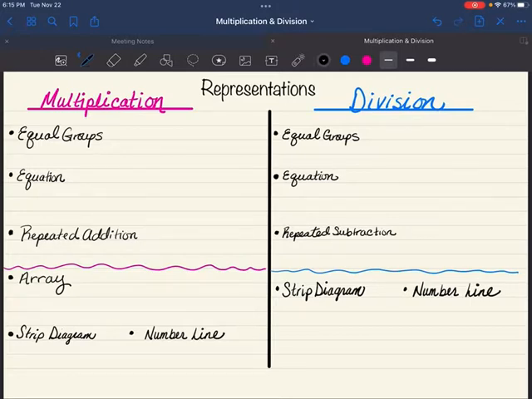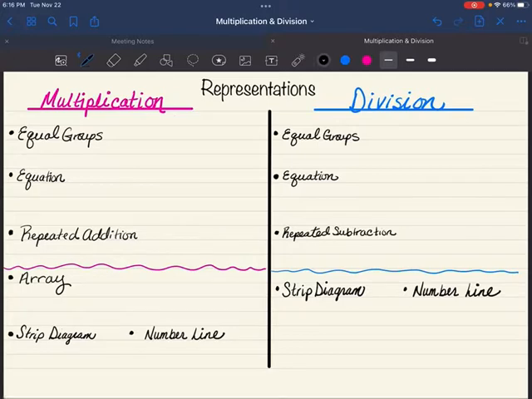We talked about making sure that our kids were thinking in the mind frame of being a detective and searching through the story problem for clues to help me know what operation to do. But in this video, we're taking it a step further and we're going to actually go through each type of representation for both multiplication and division.